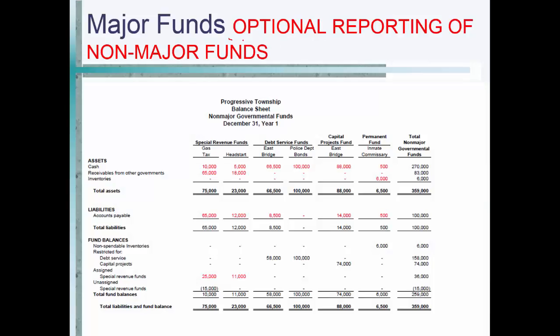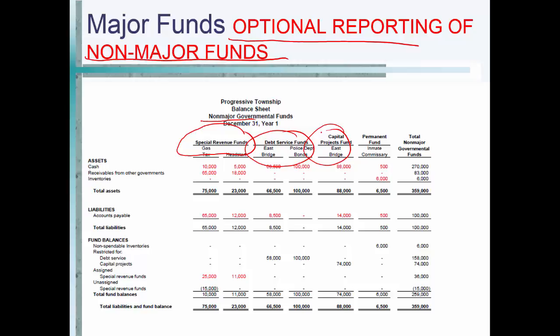And so you come over from that and you take a look, and we have this optional reporting of non-major funds. You see that? So this is something that a government could provide if it wants to. And notice down here, guys, they've called out the non-major funds, and they've told you whether they're debt service, capital project, special revenue, whatever, right? They're not the general fund, because the general fund's always a major fund, and there's only one general fund. And here's a poor little permanent fund sitting here all by itself. It's the only fund in its category, and it's not a major fund, right? So we add all those up.